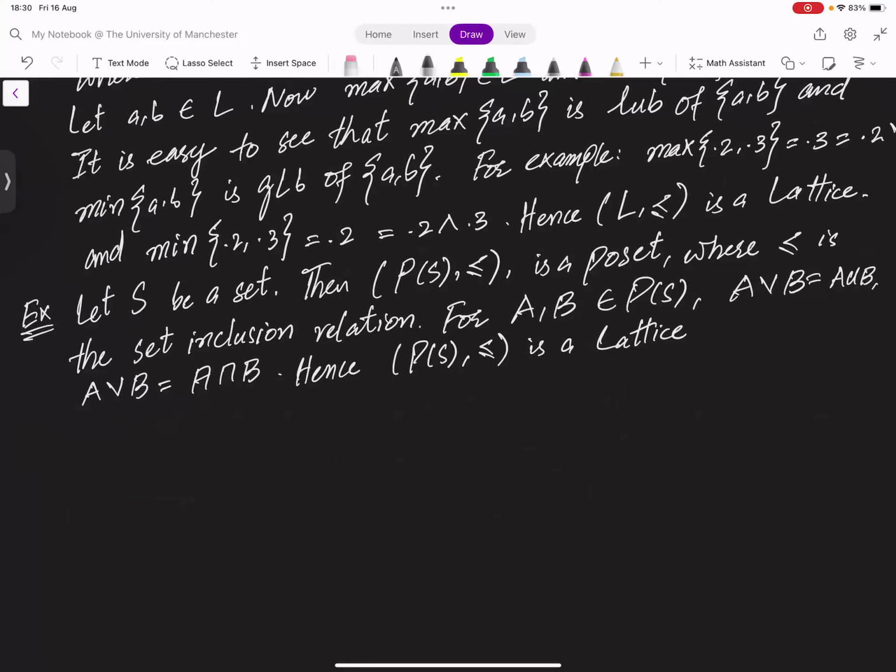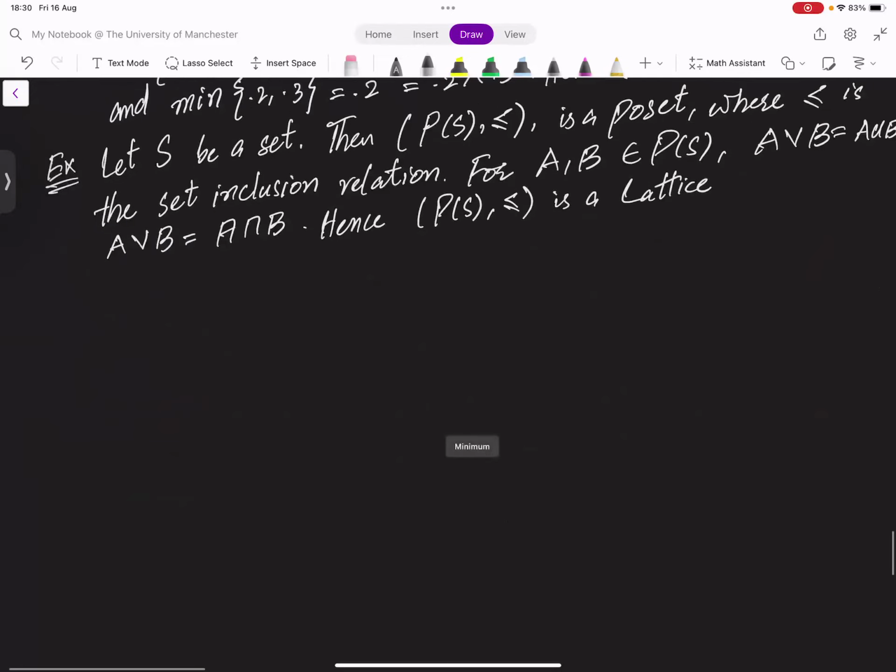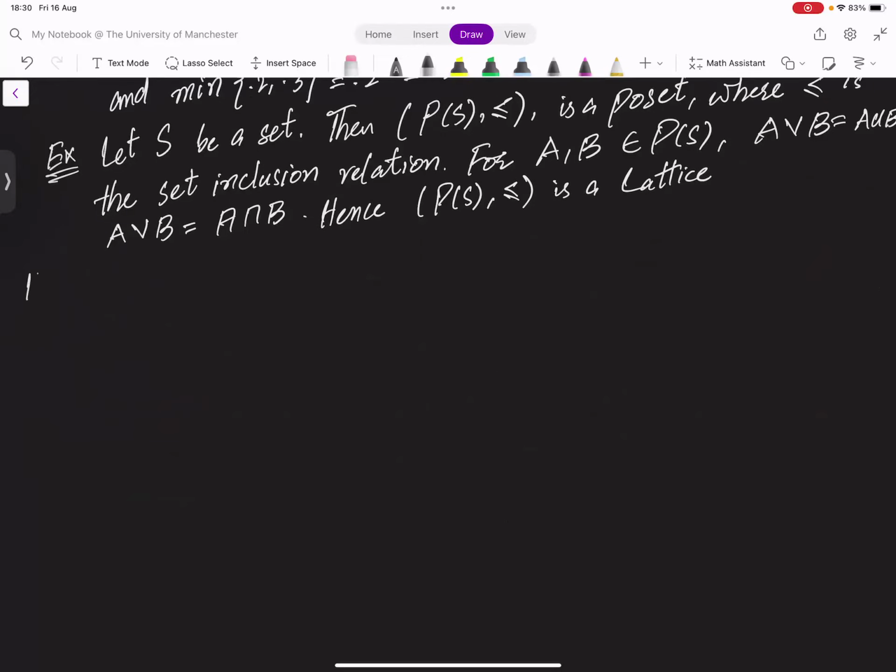Theorem, where we define some properties of the lattice. So let's define a theorem which is 1.4.20.